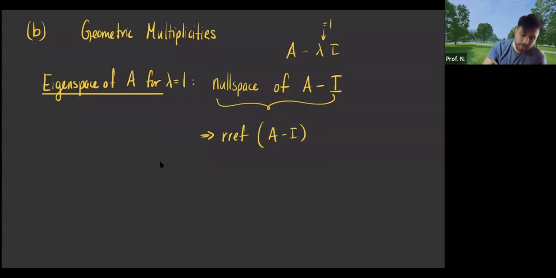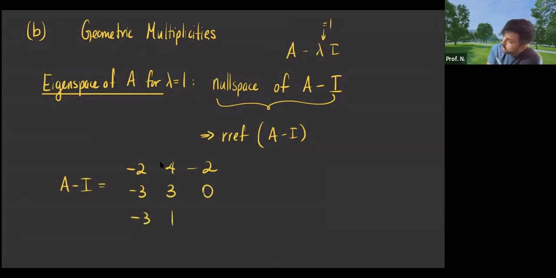So what is A minus I? Well, A was what it was, and when we subtract 1, we get -2, 4, -2. You get -3, 3, 0. And you get -3, 1, and then you subtract by 1, you get 2.